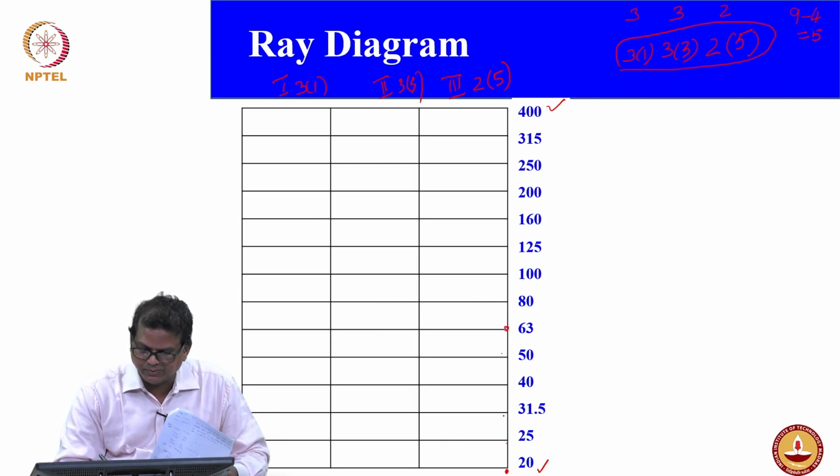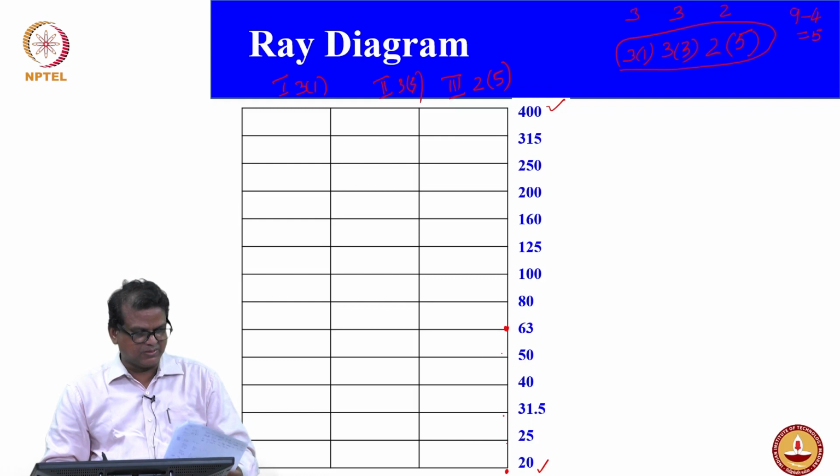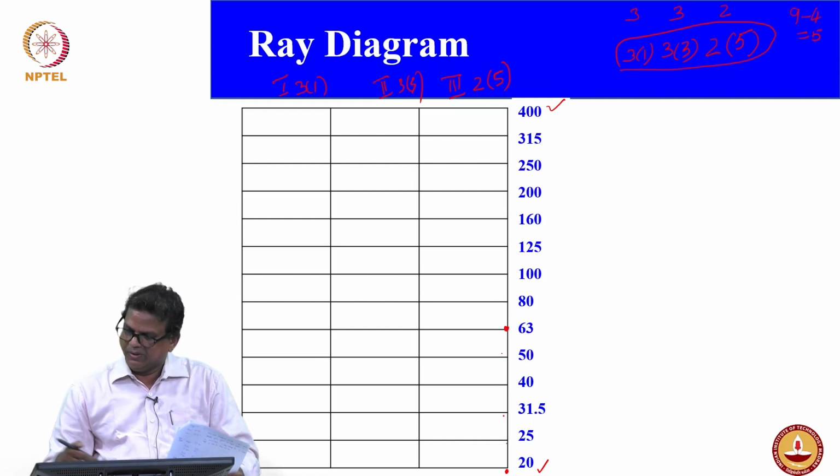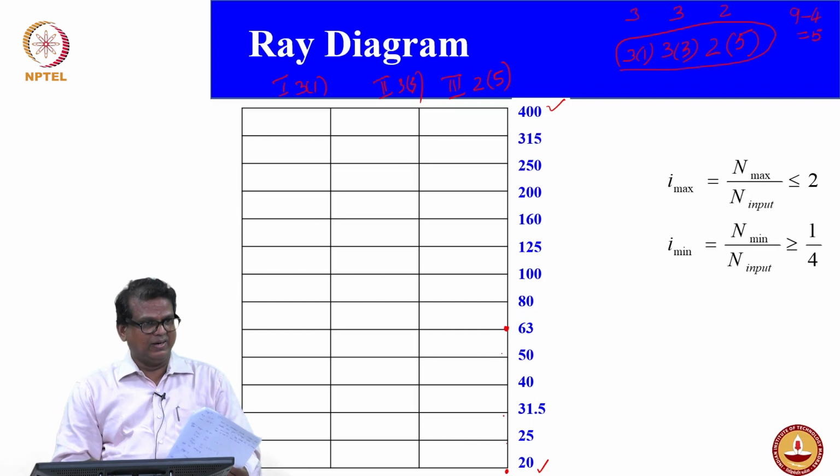We will start from the bottom and fill the speeds stage by stage. That's the procedure we are going to follow. Of course, you need to follow the same formula, I max, I minimum, because of optimizing we can't have a ratio more than 8.